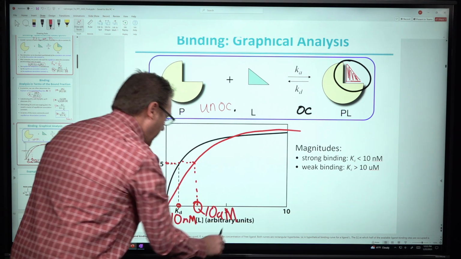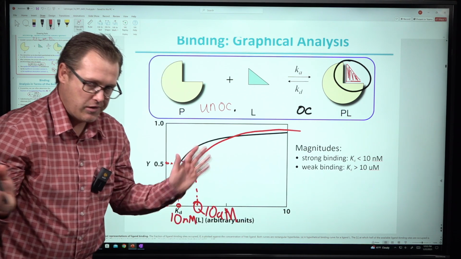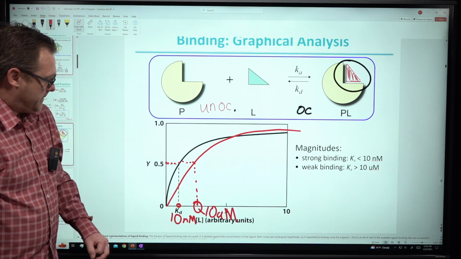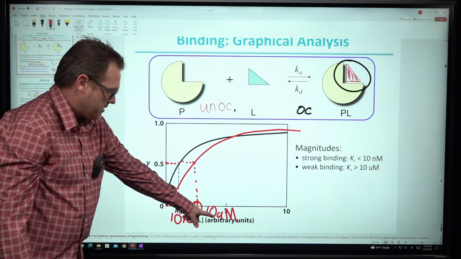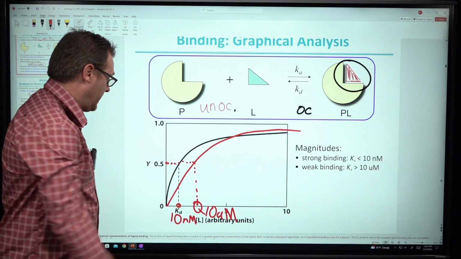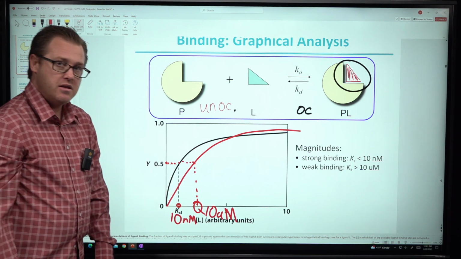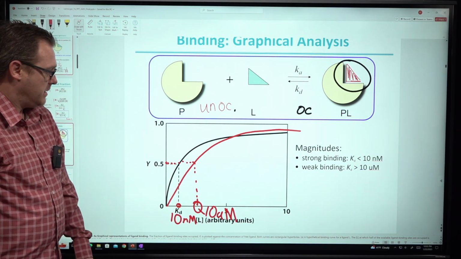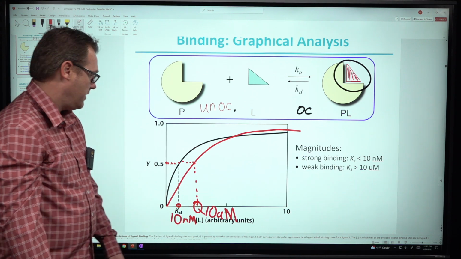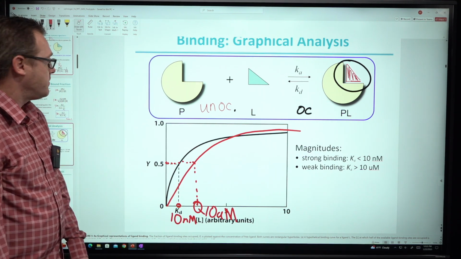Now, my units here on the x-axis aren't accurate, I'm just making this up as we go, but that is more concentrated. It took more ligand to get to 50% binding, so it doesn't bind as well. So that's how we interpret this graph or this data.